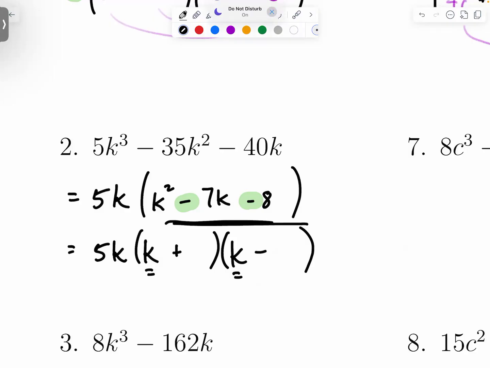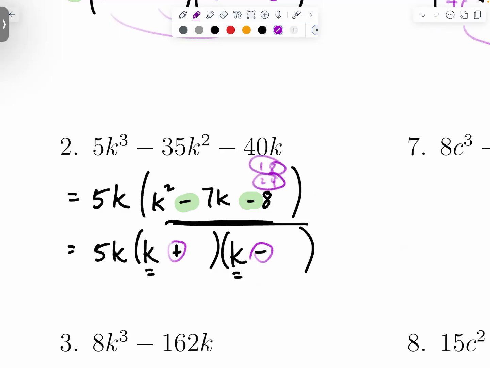Okay, so now, same thing, same drill. What's 8? 1 times 8, 2 times 4. Now, the other piece of understanding is this. As we said a moment ago, it's going to be a plus and a minus. So what you're thinking about is, look at these two pairs of numbers.